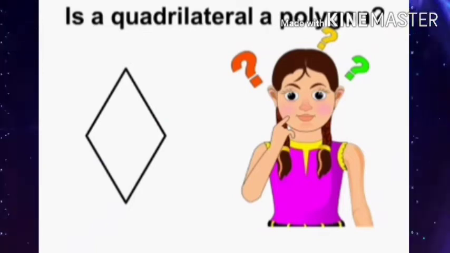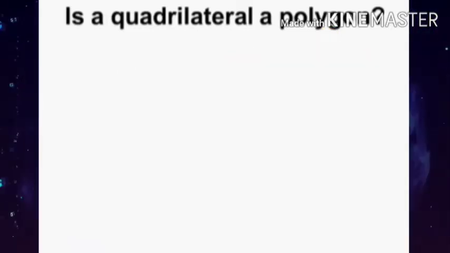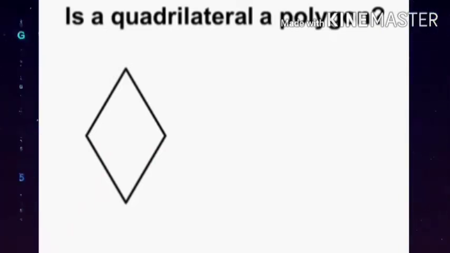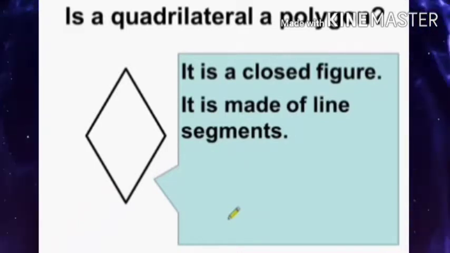Now, is a quadrilateral a polygon? In the previous module, you have studied about the polygon. What is a polygon? Any closed figure in which each line segment intersects exactly two other line segments. So this is a closed figure.